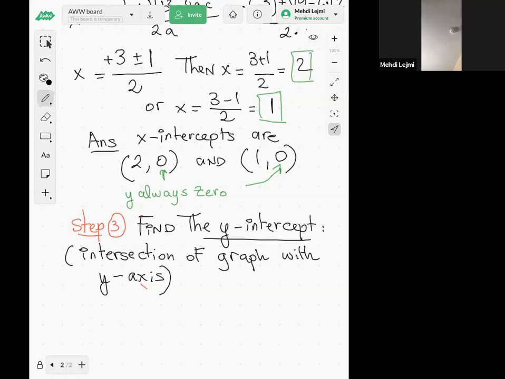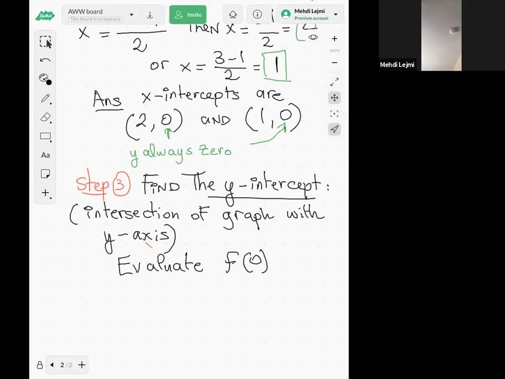Right, and how do we find the y-intercept? Well, you just evaluate f of 0. That's all you have to do, right? So you just plug 0 into the function f.